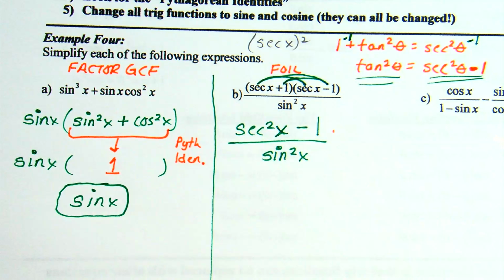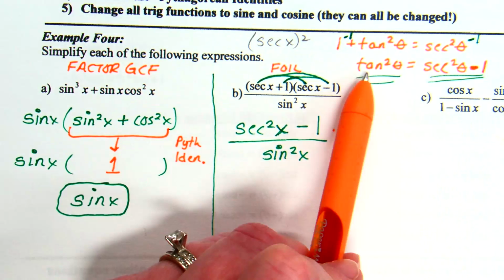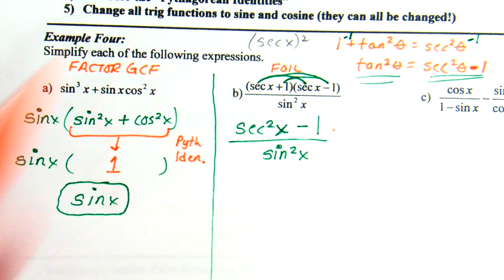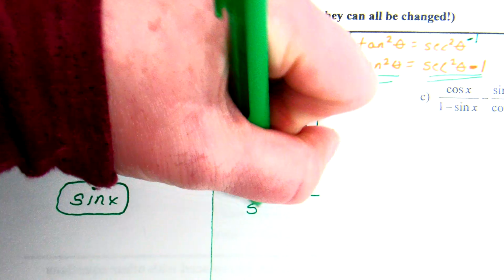So what can secant squared x minus 1 be replaced with? Tangent squared x. So we can use the Pythagorean identity to rewrite the numerator as tangent squared x. My denominator is still sine squared x.